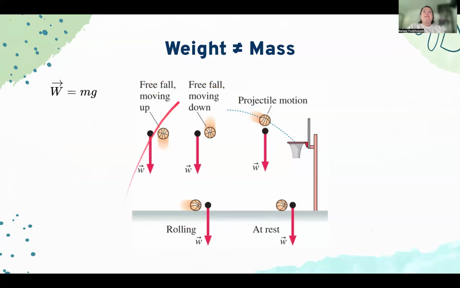You can also see in this situation that this force is always pointing down, no matter what the object is doing, because it's always pointing toward the center of the Earth, or the center of whatever object is providing the gravitational force, which will usually just be the Earth.